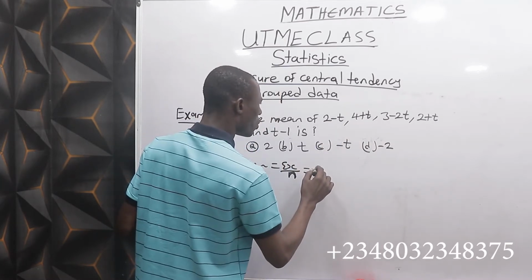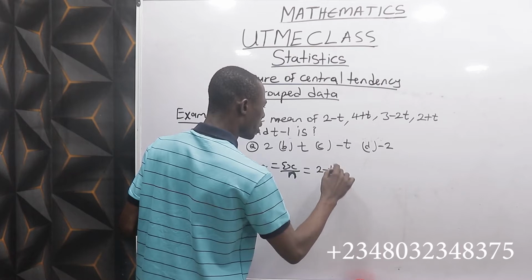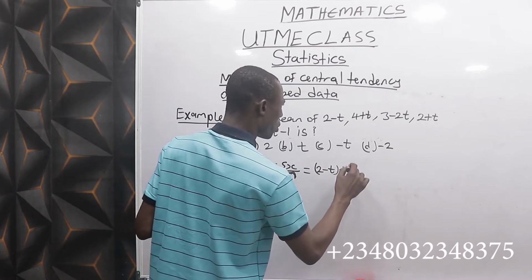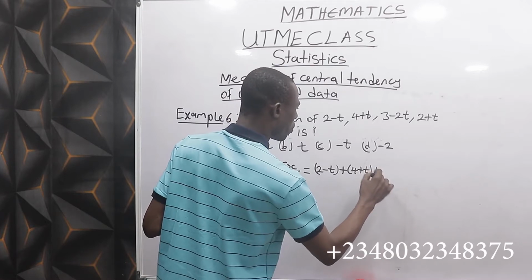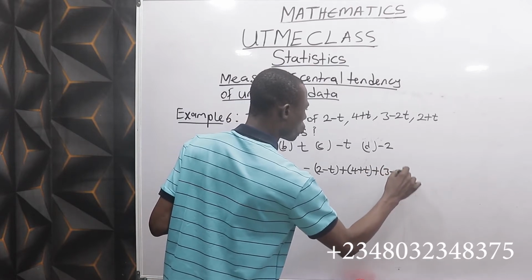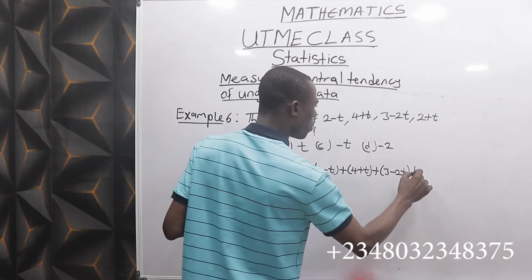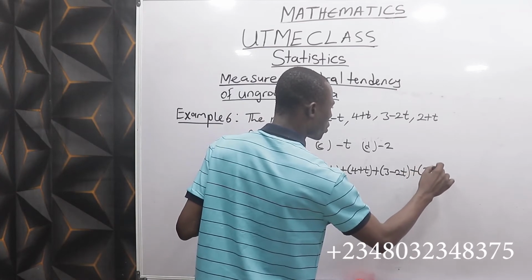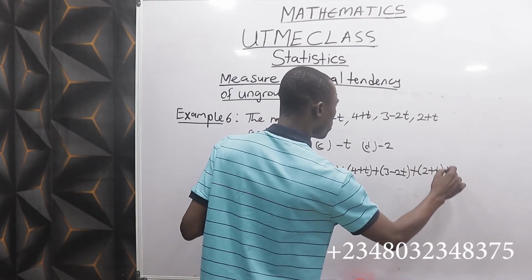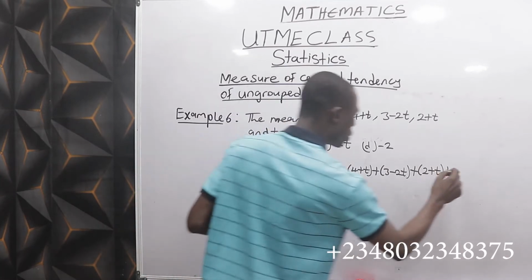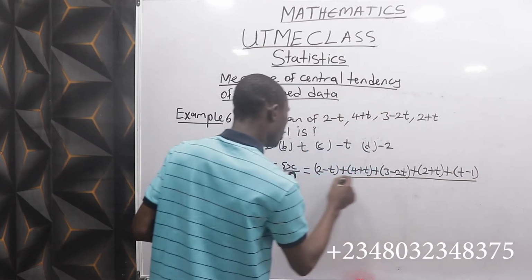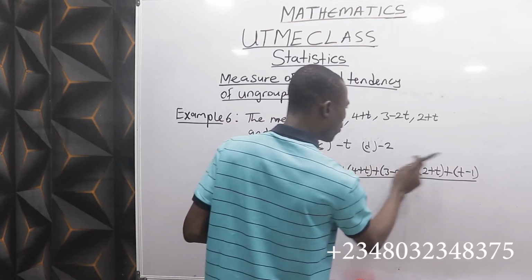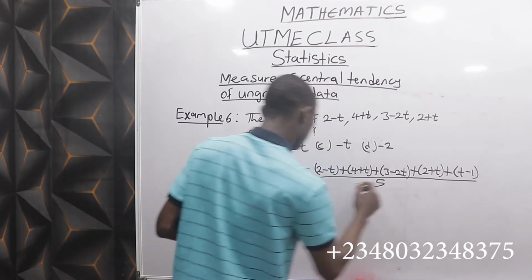So we have 2 minus t in brackets plus 4 plus t plus 3 minus 2t plus 2 plus t plus t minus 1, divided by 1, 2, 3, 4, 5, divided by 5.